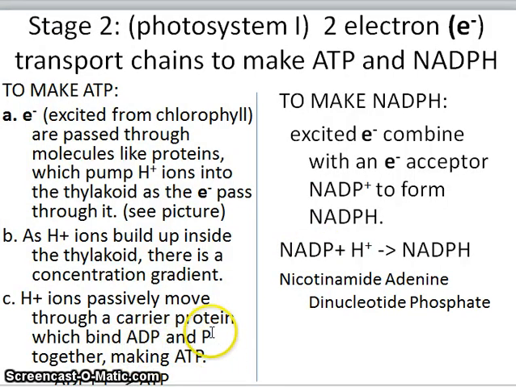For C, the next step, we have hydrogen ions passively moving through a carrier protein, binding ADP and P together, making ATP.